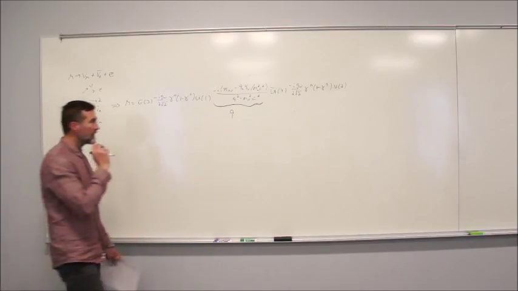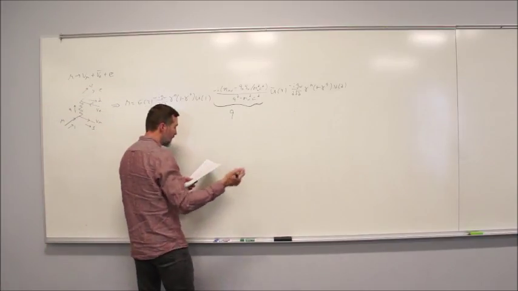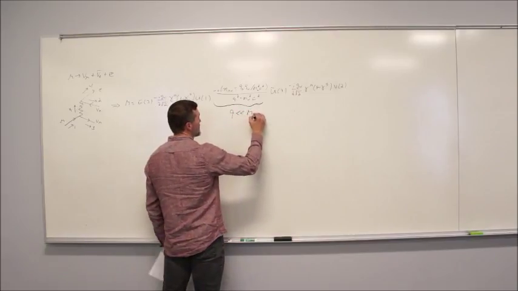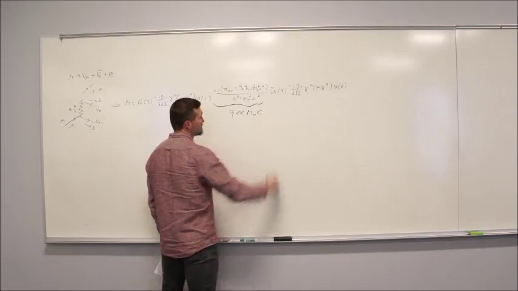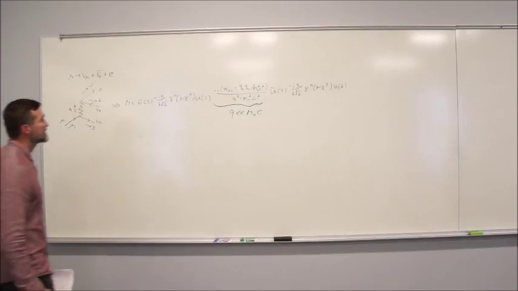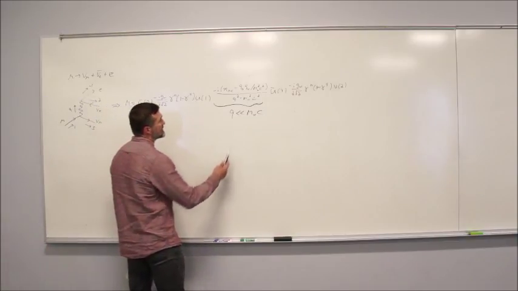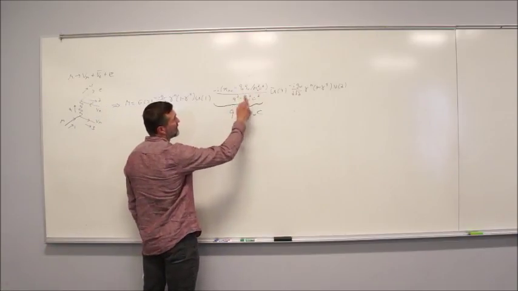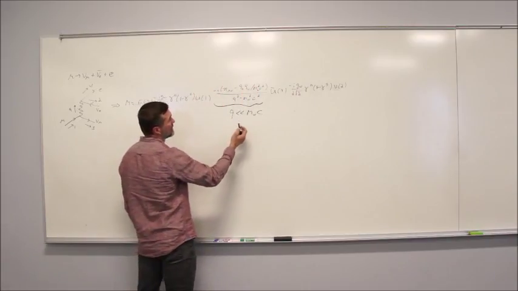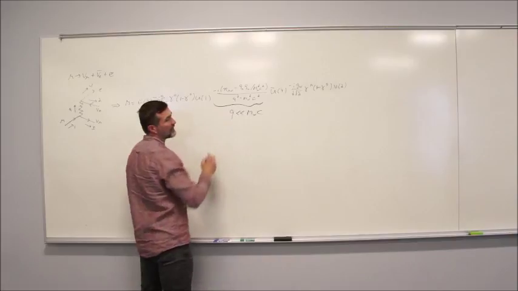So it doesn't matter, but we're going to assume that the momentum transfer is considerably smaller than a scale set by the mass of the weak boson times the speed of light. Okay? So you can kind of think of this as a low energy process. And in that case, the good news is that this term right here is approximately 0, and I can ignore the q squared in the denominator.